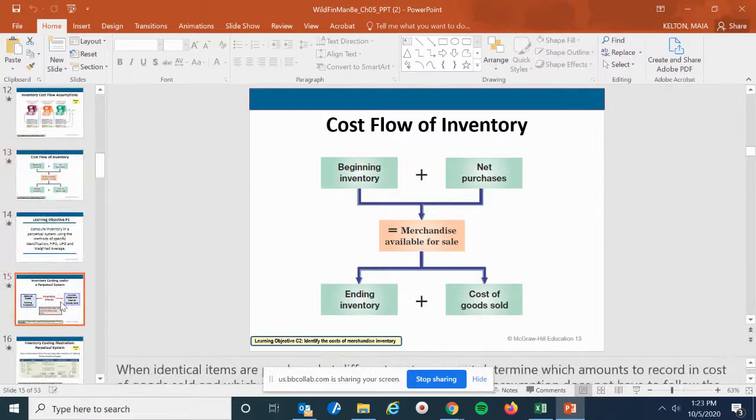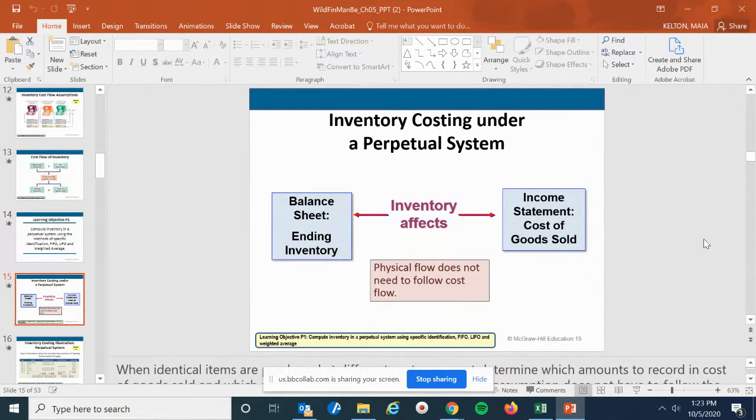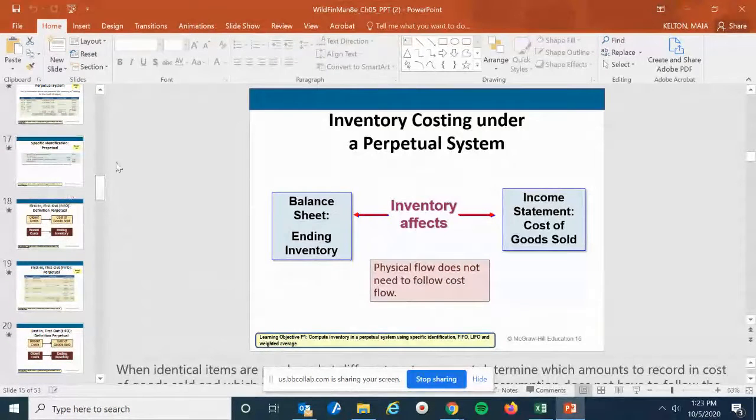All right, so let's look at the inventory costing under the perpetual system, and then we'll start exploring FIFO, LIFO, and the average cost method. So there are two inventory systems. We will be spending today most of our time on the perpetual inventory system. The perpetual inventory system is the system where every single time the company buys or sells inventory, the accounting records are updated real time. So when we buy inventory, the balance sheet is affected.